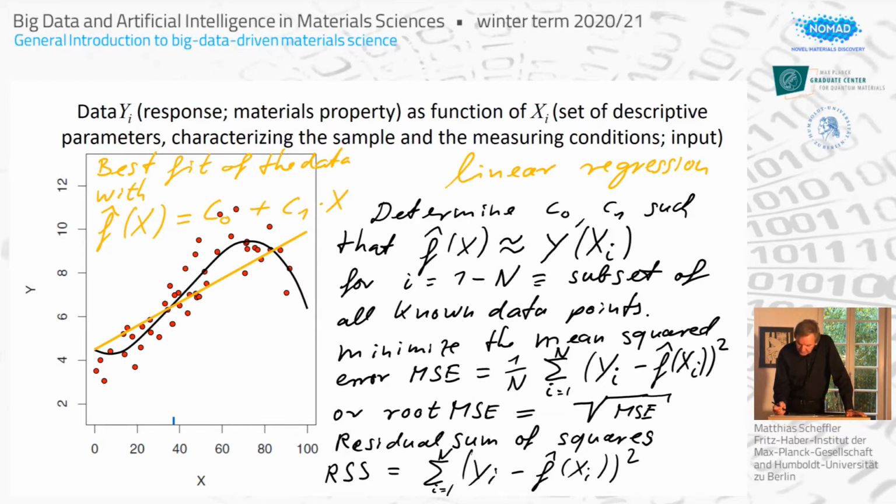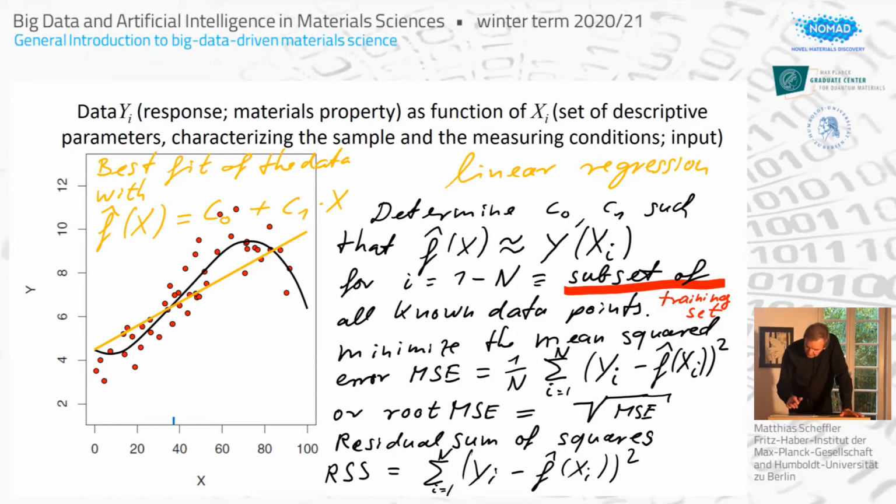The subset, and I should actually say the subset of all known data, and I wanted really to write this down also, is called the training set. Training in the sense these are the data you use for determining the parameters or to train your model.